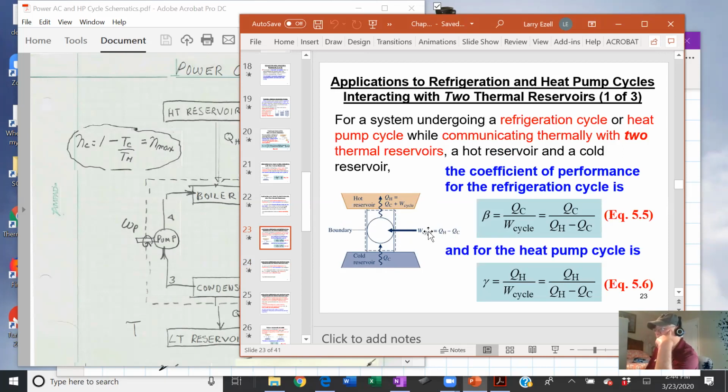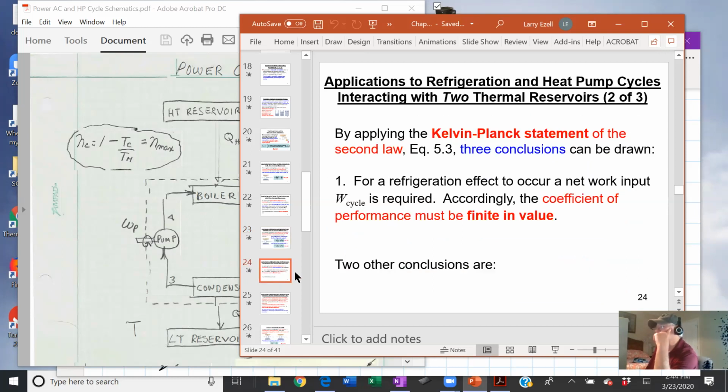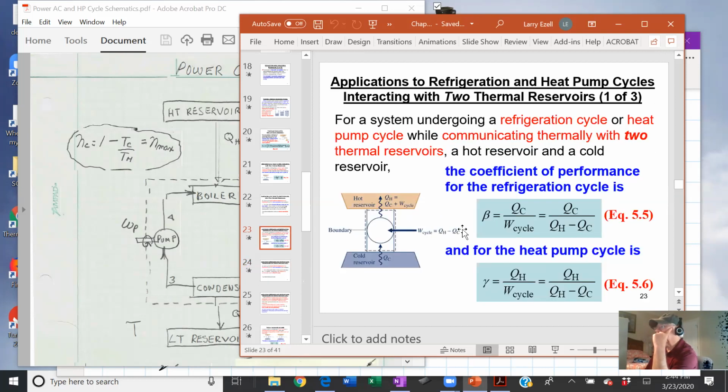We have to put an amount of work theoretically equal to QH minus QC to get it done. So this always is a pretty big number, which means you're never going to get a beta of infinity. We'll actually see the limitations on beta later. And the same goes for gamma for a heat pump.